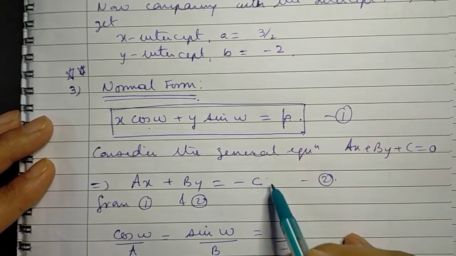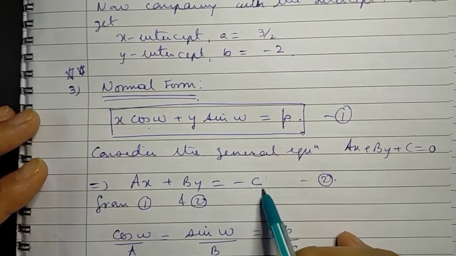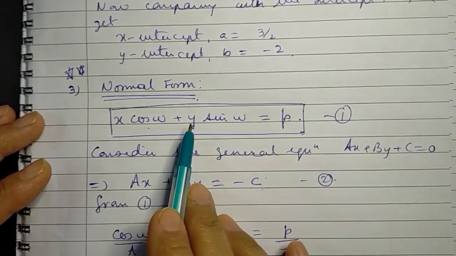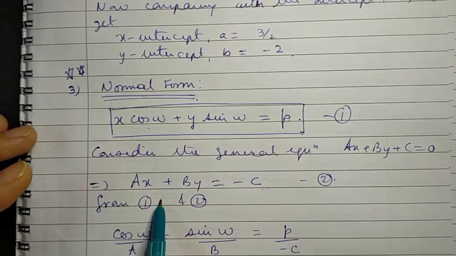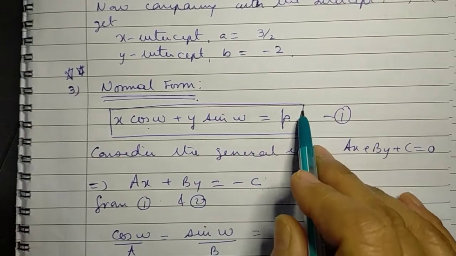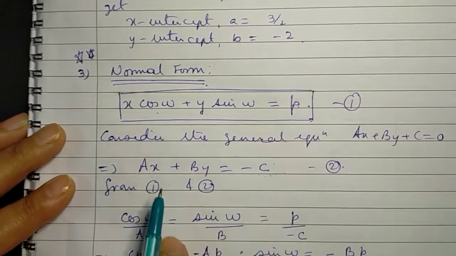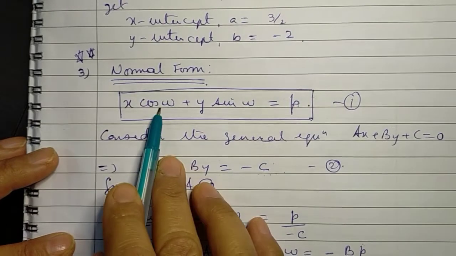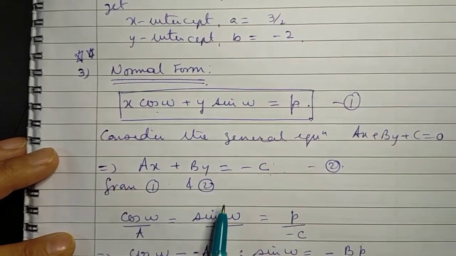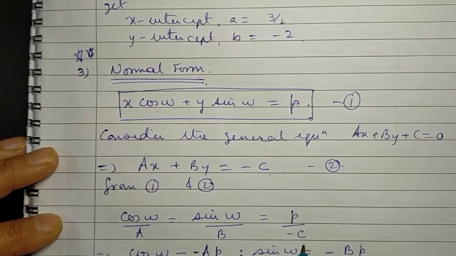Since these both represent the same line, the coefficient of x in both equations, the coefficient of y in both equations, and the constant term in both equations should be proportional. And so from 1 and 2 we get cos omega over a should be equal to sin omega over b should be equal to p over minus c.